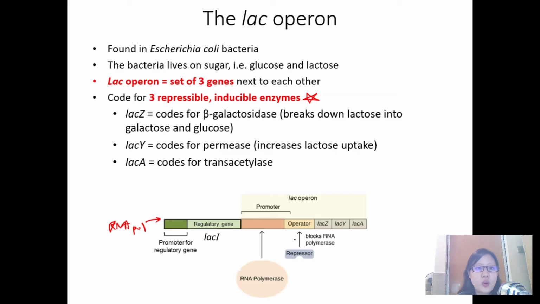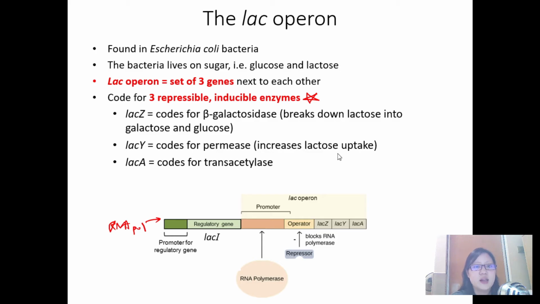Let's see what the 3 different genes code for. lac Z codes for beta galactosidase, an enzyme that breaks down lactose into galactose and glucose so that the bacteria can process it better. lac Y codes for permease, which increases lactose uptake into the cell.